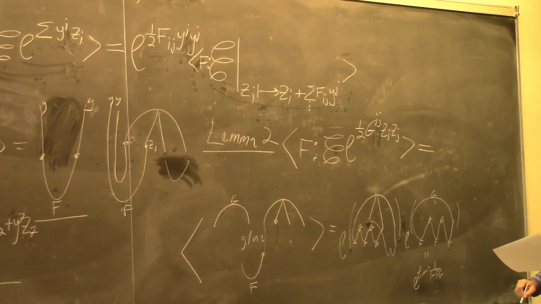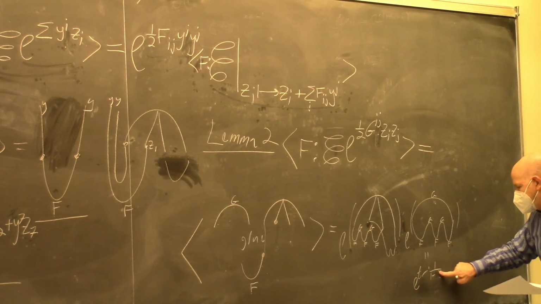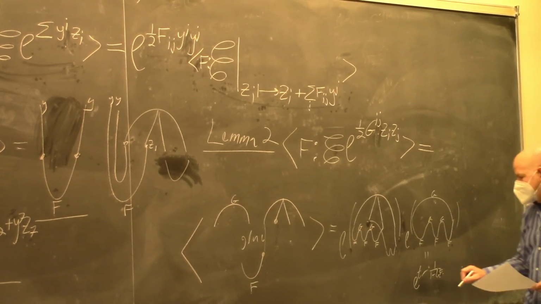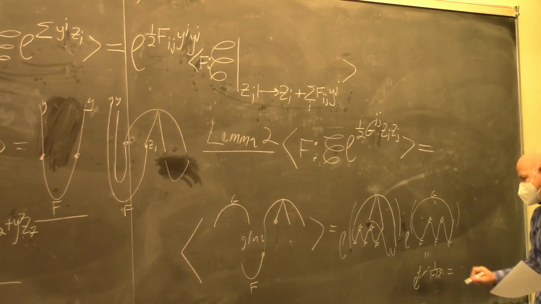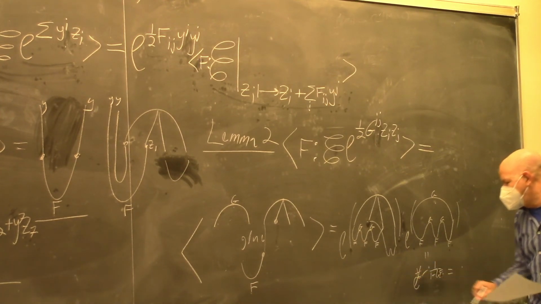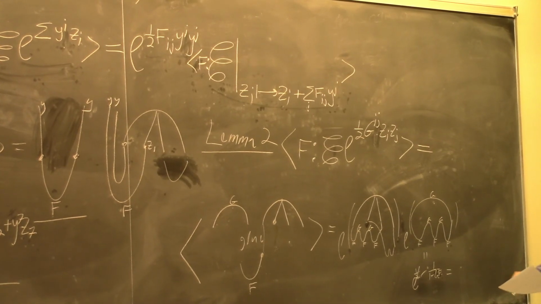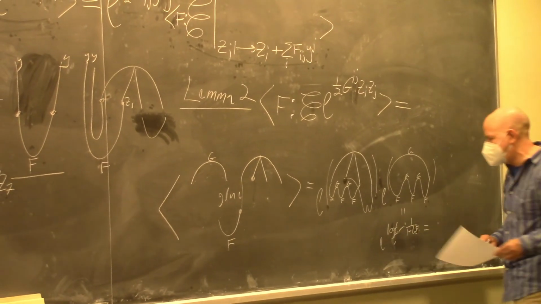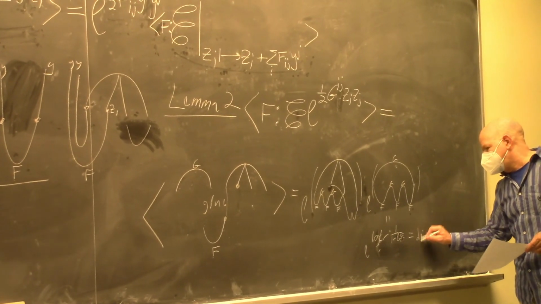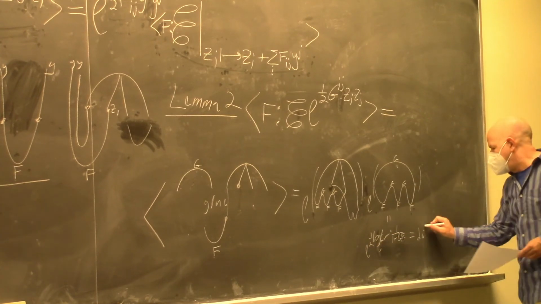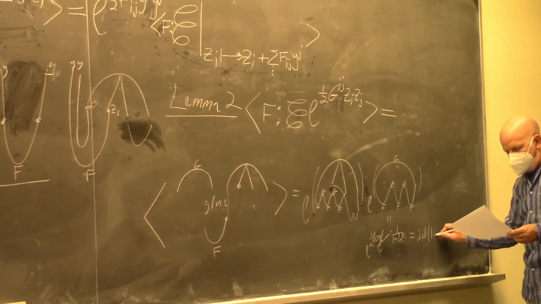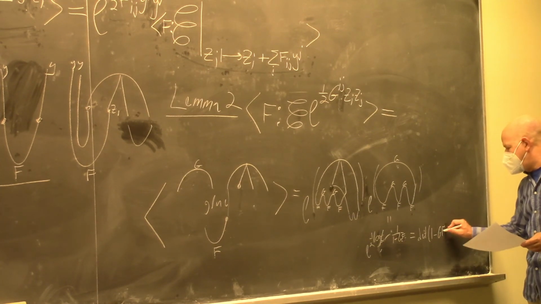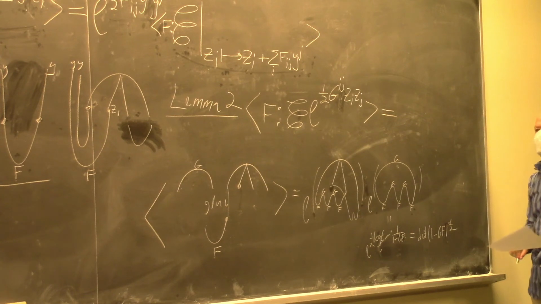So 1 over 1 minus fg, or gf, it doesn't matter because trace is insensitive to order. And sorry, there was a 1/2 somewhere, and there was a log also. I don't remember. It was something like this. And this became the determinant of 1 minus GF to the minus 1/2.